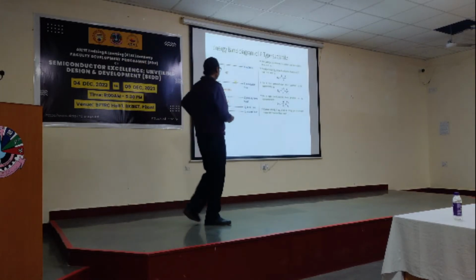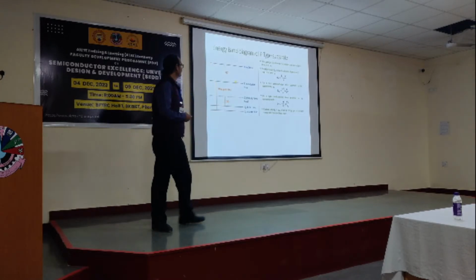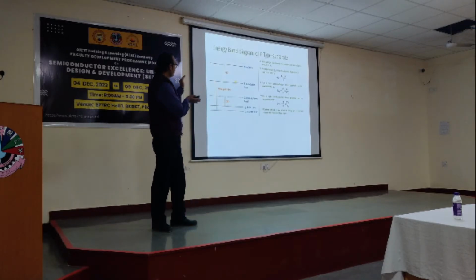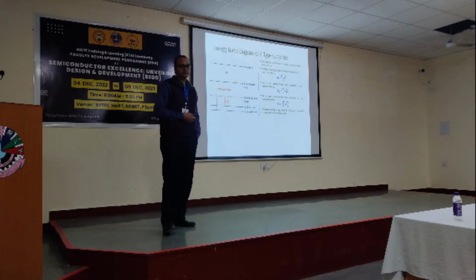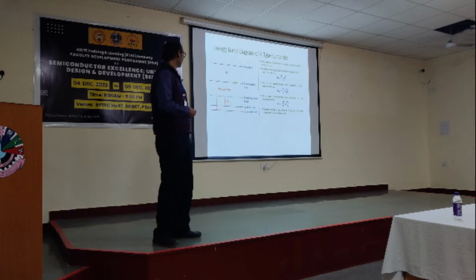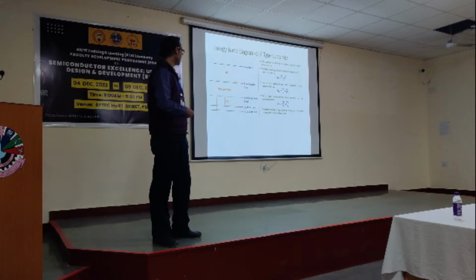Now, I have separately drawn this energy band diagram of a p-type substrate. There are certain terms. As I said, the band gap is between conduction band and valence band, 1.1 electron volt. Electron affinity is also there.